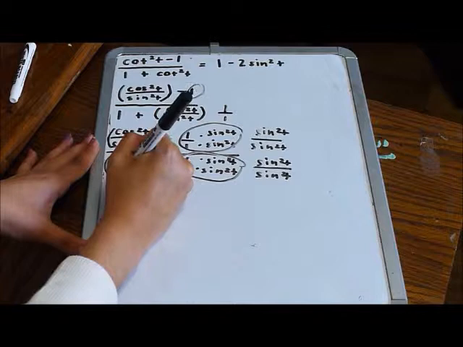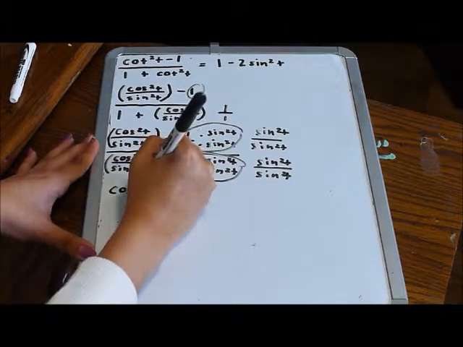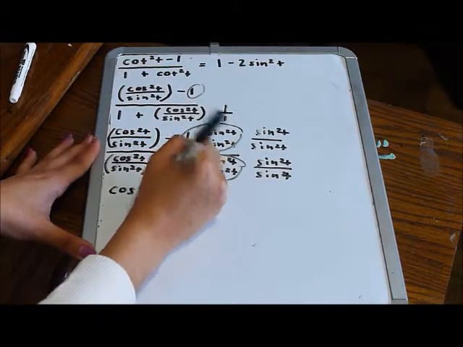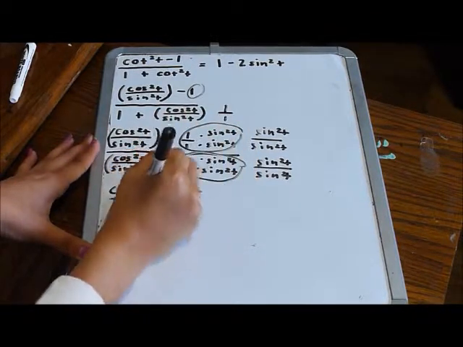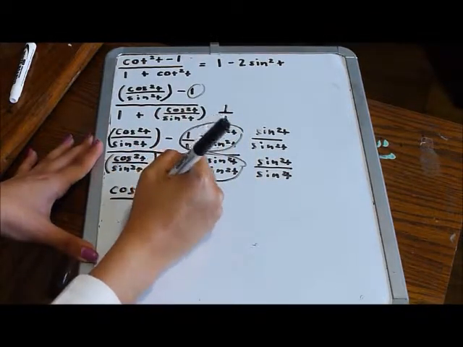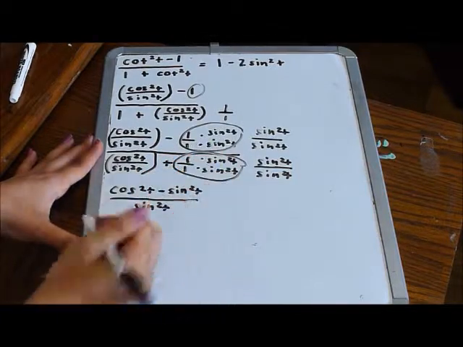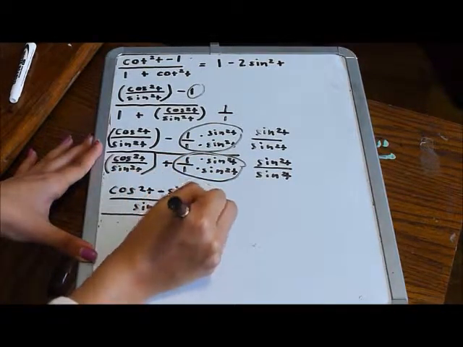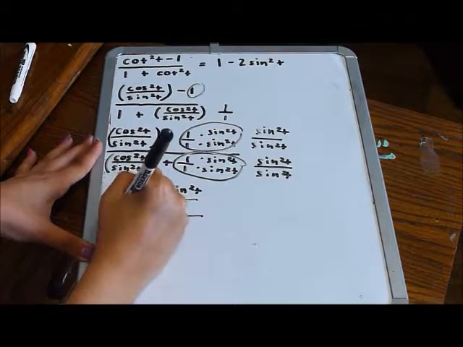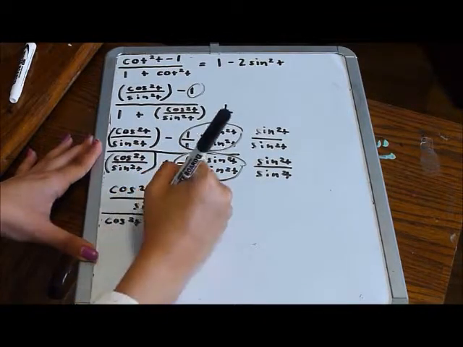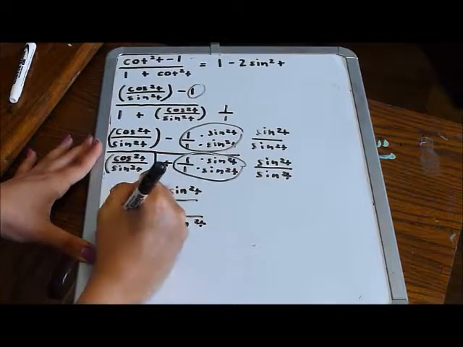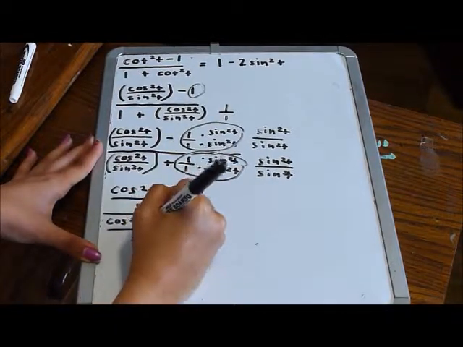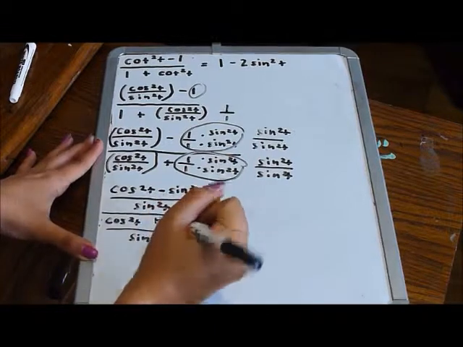It would be cosine squared t minus sine squared t over sine squared t. And then the complex denominator is going to be cosine squared t plus sine squared t over sine squared t.